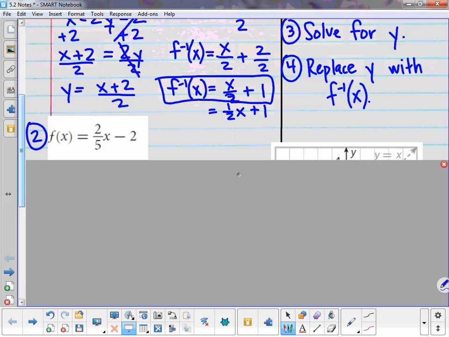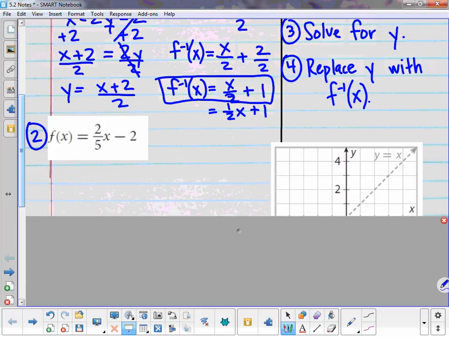The very first step that we did is we just replaced f of x with y. So we have y equals 2/5 x minus 2. After that, we switched x and y. So switch them and leave them exactly how they are. So instead of y equals, it will be x equals, and then it will be 2/5 y minus 2.